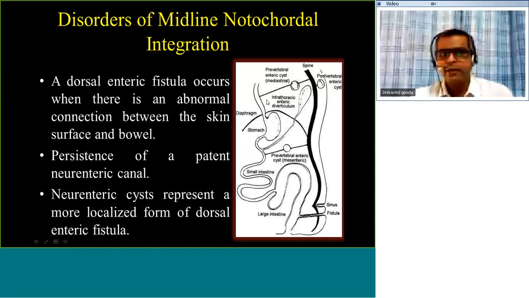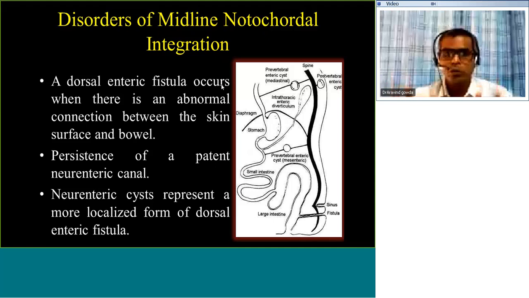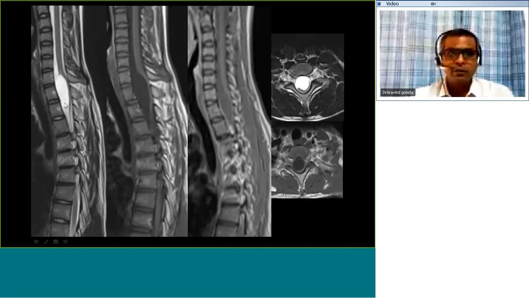So this entire thing, the bowel and the skin surface, in its entirety, will be present in a persistent notochordal canal. Whereas a neuroenteric cyst, as I told you, is a more localized form.